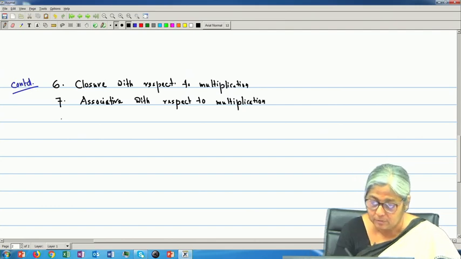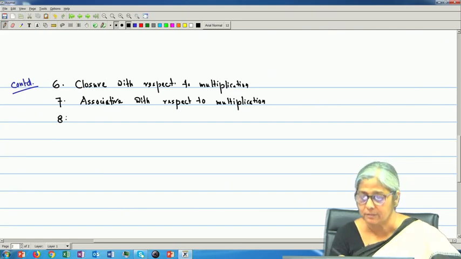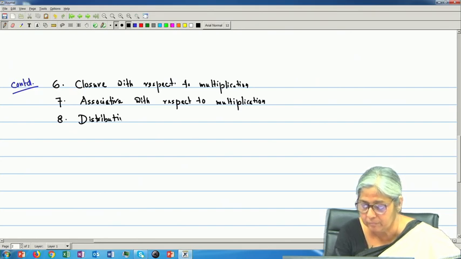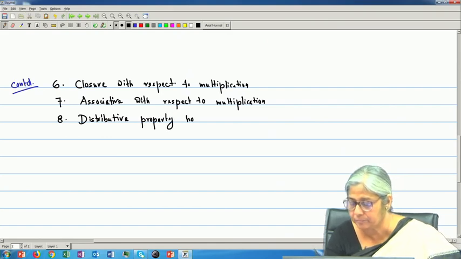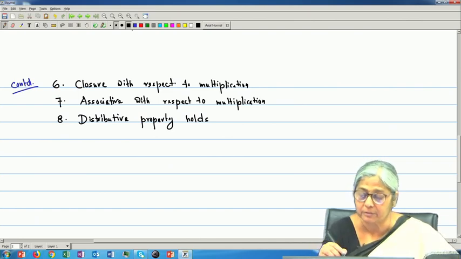Now, it is distributive in nature since we have two operations, so the distributive property holds. These are the three additional properties.